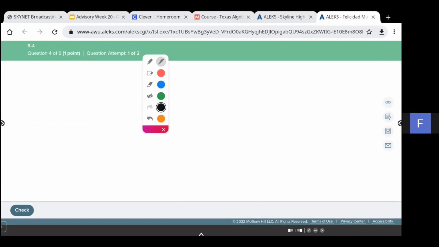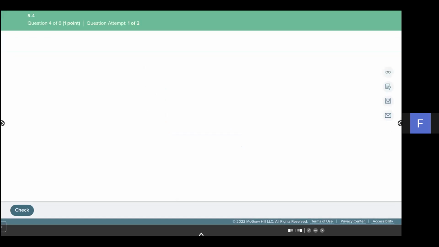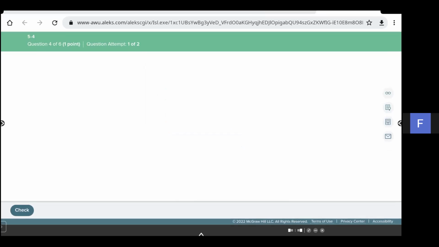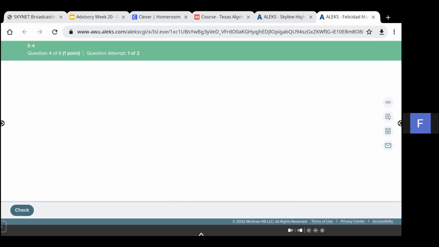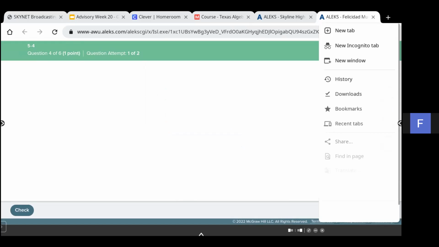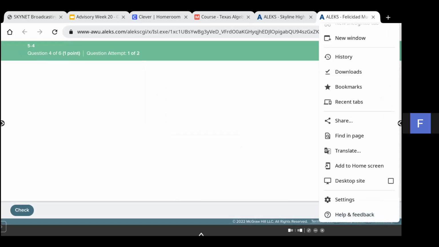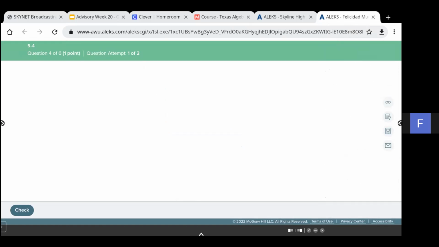And check and see what happens. Please fill in the empty boxes. I can't see the empty boxes. We're gonna go to settings. I think maybe that's wrong too. So that's interesting.